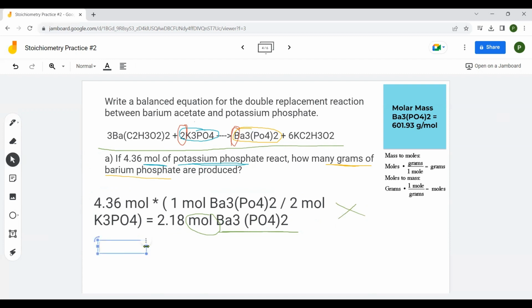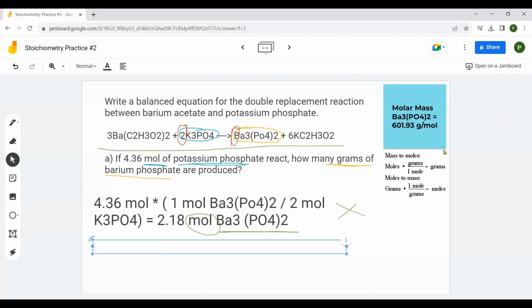So our second part, we need to convert that value into grams. So I need to know my molar mass to be able to do this. I've already gone ahead and calculated that out for us just to save some time. But essentially, when you calculate molar mass, you are adding up the atomic masses of the individual elements in their appropriate ratios to get your total molar mass.